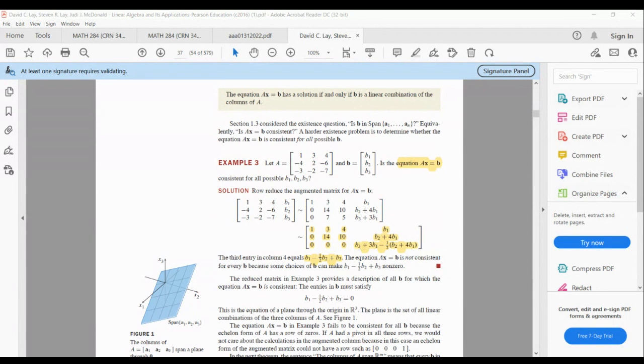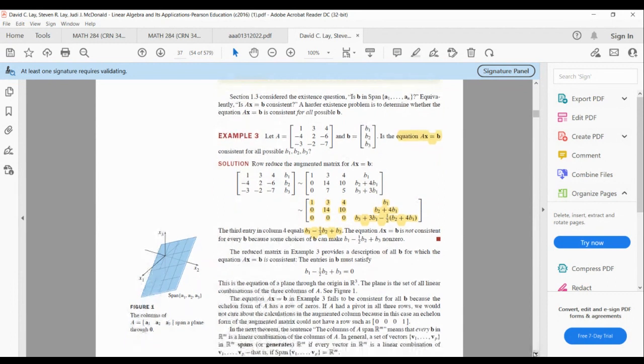And in fact, the column vectors of the matrix A span a plane in R3 that passes through 0.